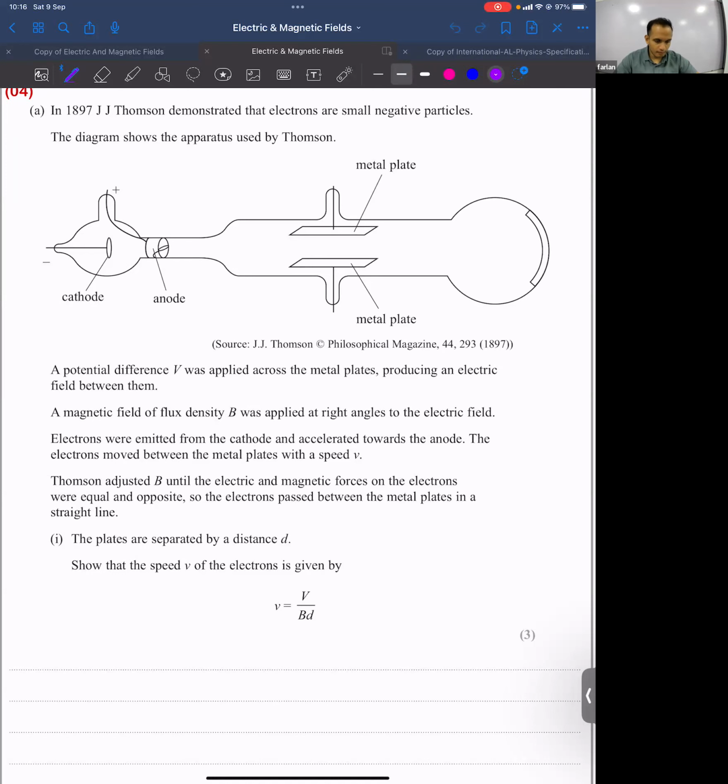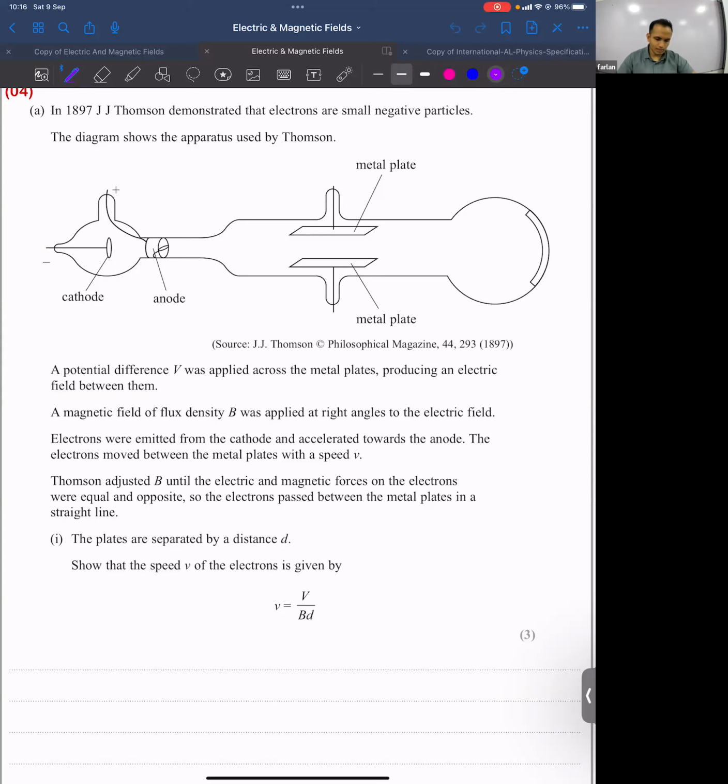A magnetic field of flux density B was applied at right angles to the field. Electrons were emitted from the cathode and accelerated towards the anode. The electrons moved between the metal plates with a speed v.